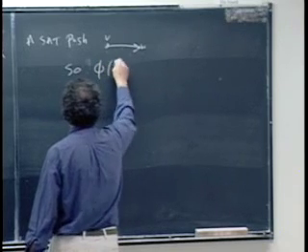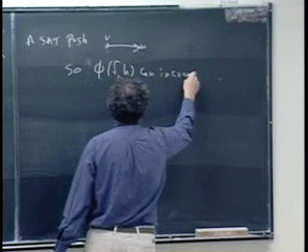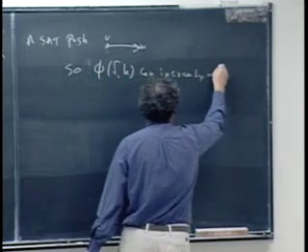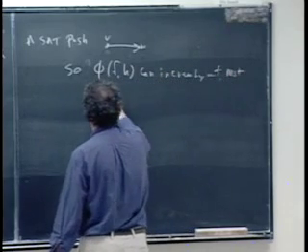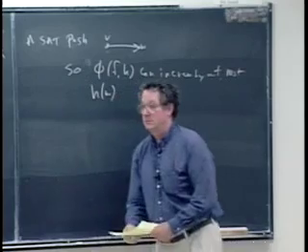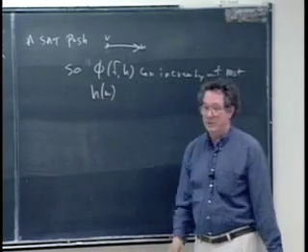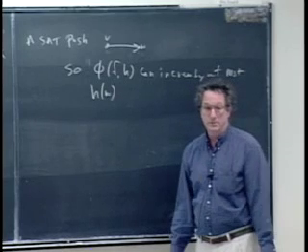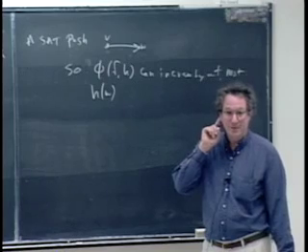All right, so this function can increase by, at most, H of W. That's during a saturating push. And how big can H of W ever be? 2n minus 1, yeah.